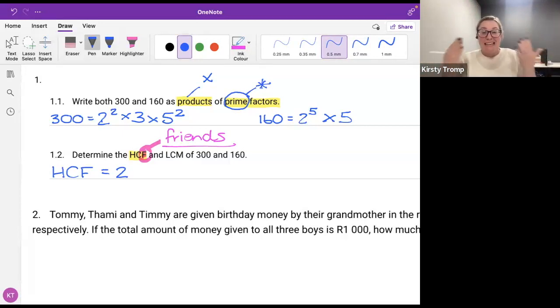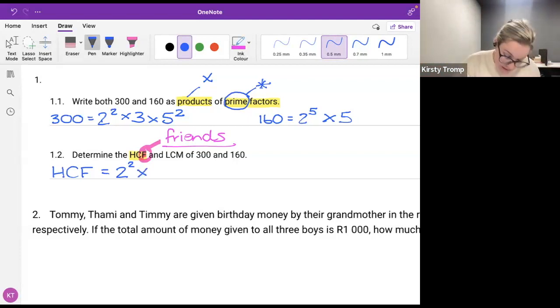They can, but they need to match. So are we happy to say that 2 to the 2 can go into both of those numbers? It can go into 300, 2 to the 2, and 2 to the 5, I can also have a 2 to the 2. Why? Because it's lower than 2 to the 5. So it can be friends with both of those.